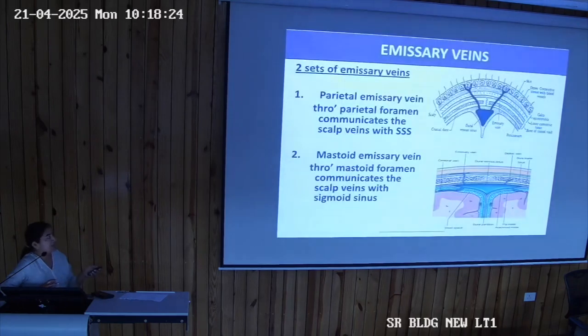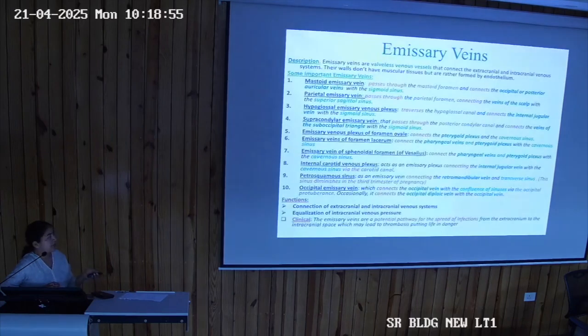But the main ones are the parietal emissary veins and the mastoid emissary veins. Parietal emissary veins pass through the parietal foramina of the skull and communicate with the superior sagittal sinus, which is a dural venous sinus of the intracranial system. The mastoid emissary vein passing through the mastoid foramen will communicate with the sigmoid sinus. These are the communications that can lead infection into the intracranial system.